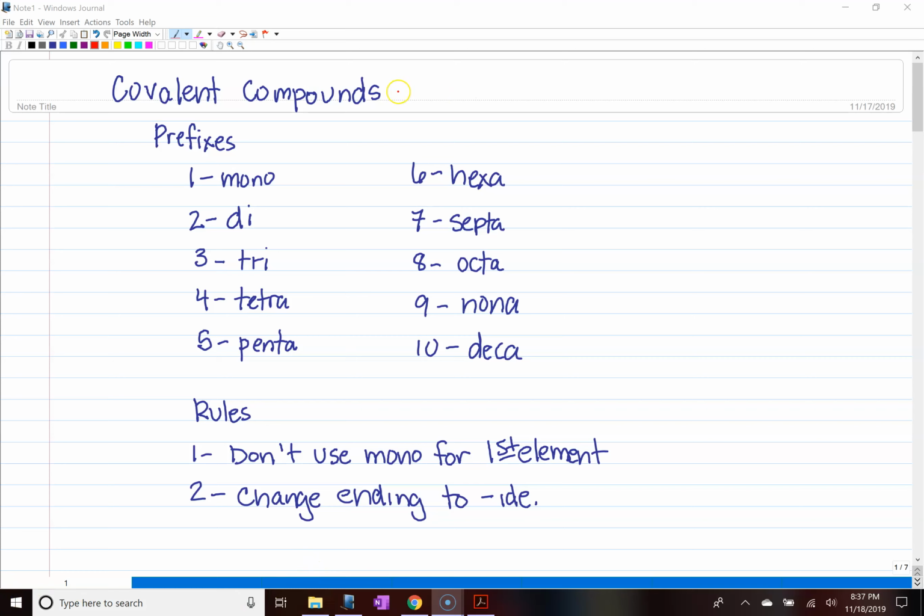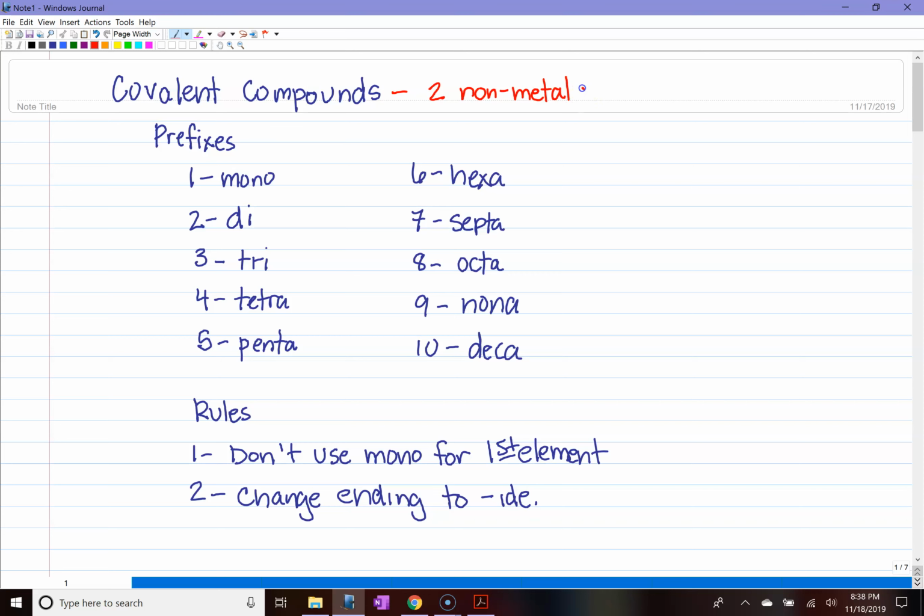We'll start off by defining a covalent compound. A covalent compound is a compound that consists of two nonmetals. And since they're both going to be nonmetals, neither one of them wants to give up electrons, but they will share electrons.